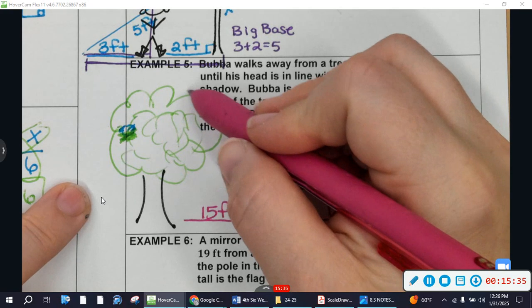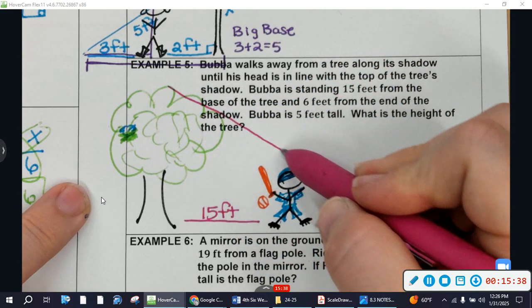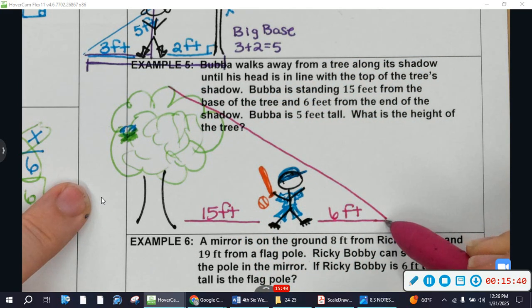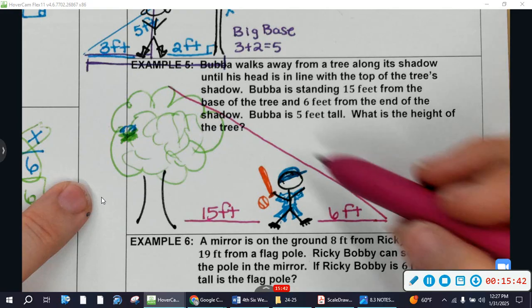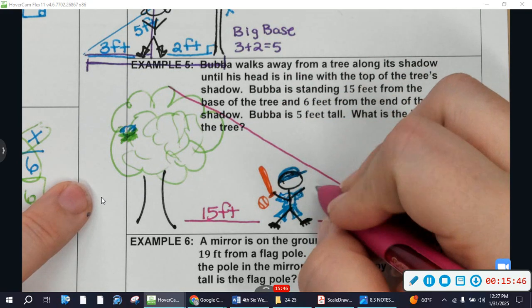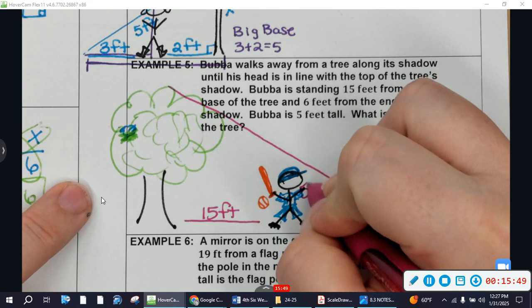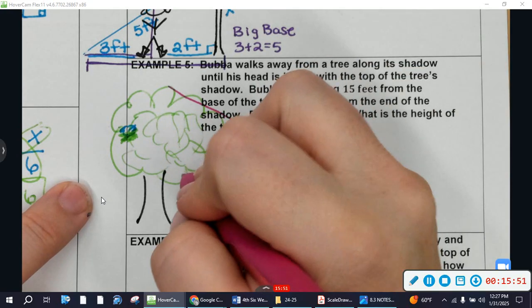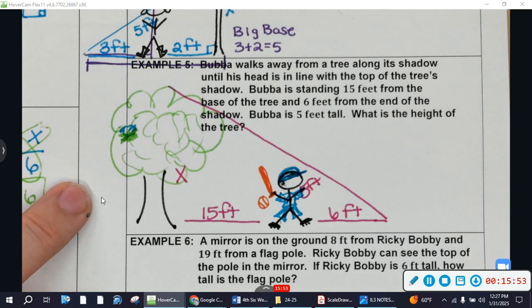Remember, the top of his head is in line with the end of that shadow. Now Bubba is 5 feet tall, and we want to know the height of that tree.